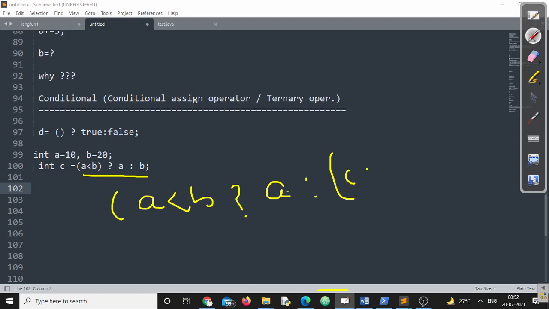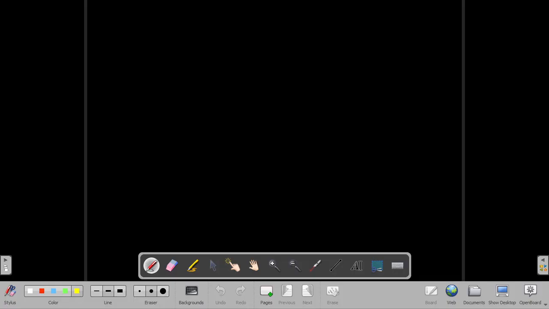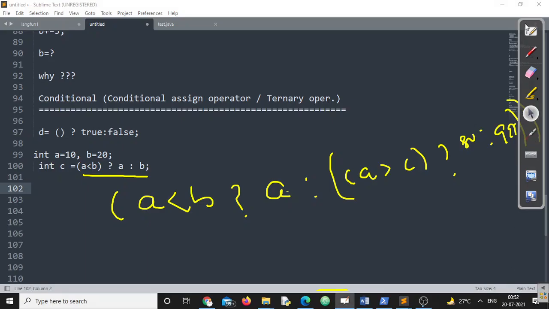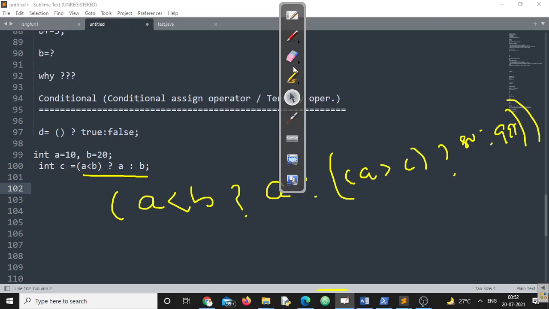Inside it, I can write A greater than C, question mark, then suppose a number 80, otherwise a number 999. Now this is the conditional part, this is the true part, and this is the false part, right? Now put a semicolon here.